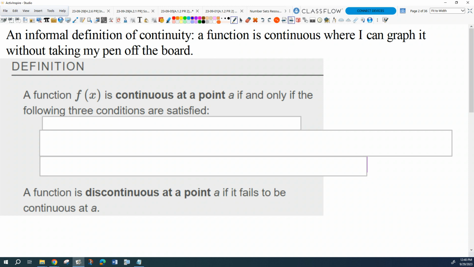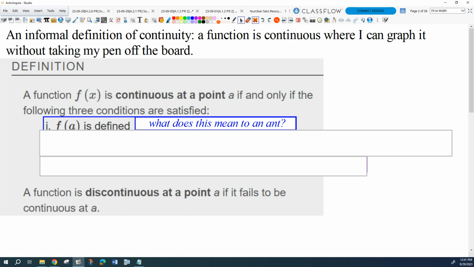Well, there are 3 conditions, 3 criteria we have to satisfy for a function to be continuous at point A, where x equals A. The first one is this: the function is defined at A. F of A is defined, okay? Now let's think about this in terms of our trusty ant. What does that mean to an ant if an ant's walking on the function, if the function is defined at A?